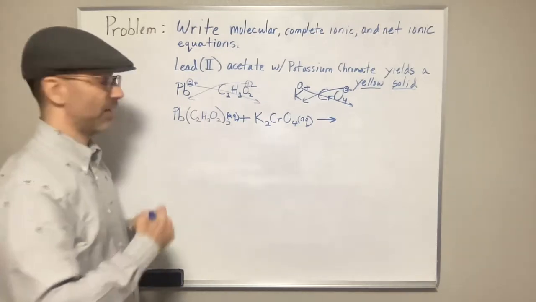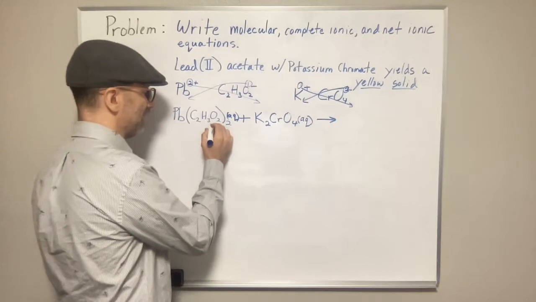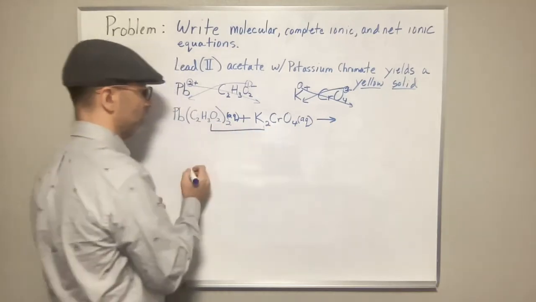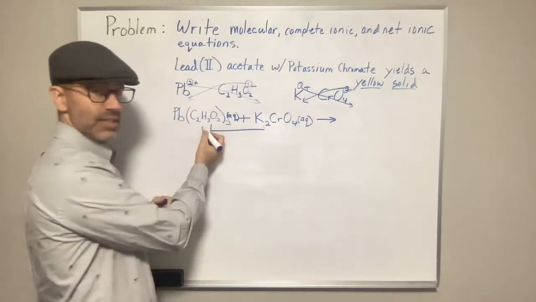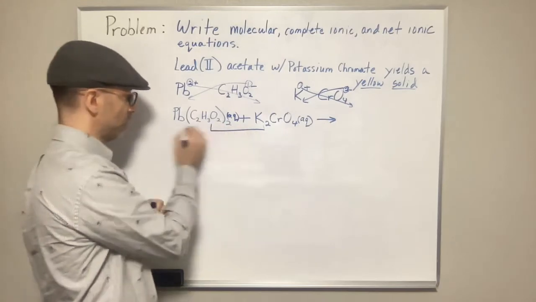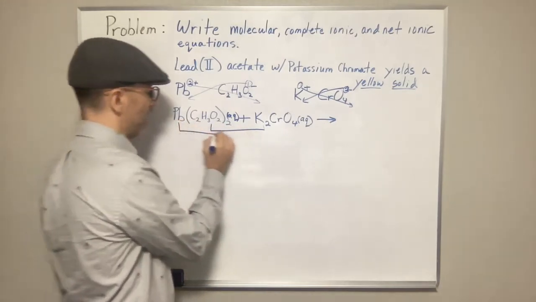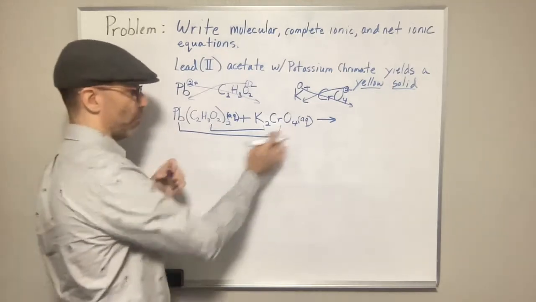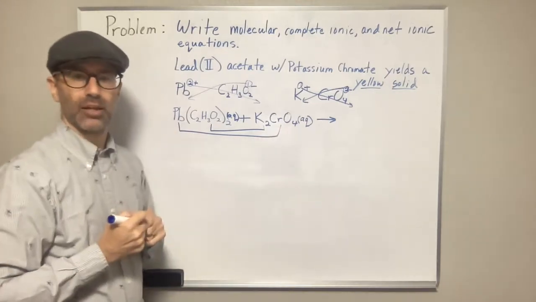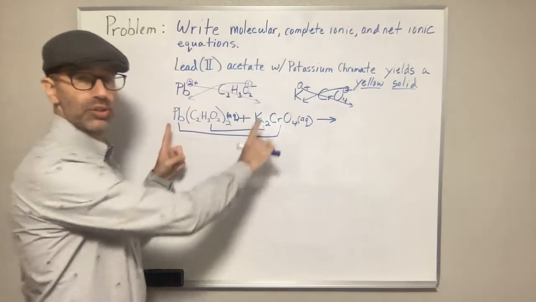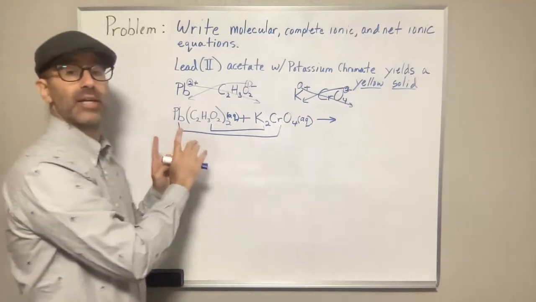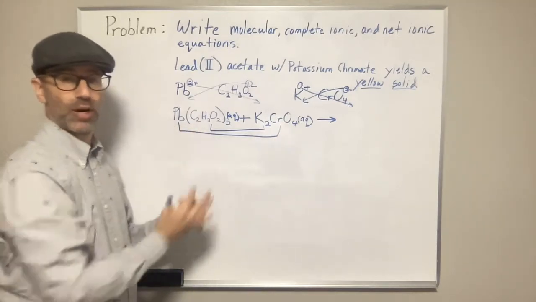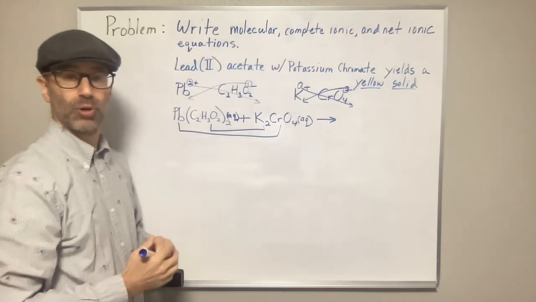It means that you're going to put the inside ions together. So the potassium and the acetate are going to go together to form one product. And then the outside ions are going to come together. So your lead and your chromate are going to come together to form products. So all you do is you put those ions together, make sure you balance the charge so you get the correct formula.